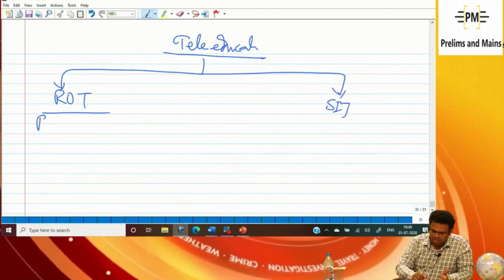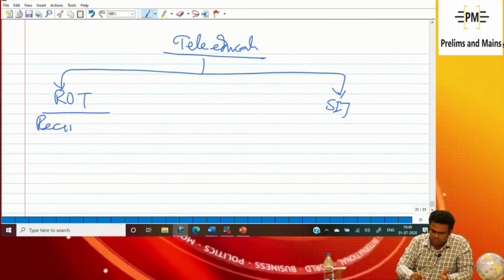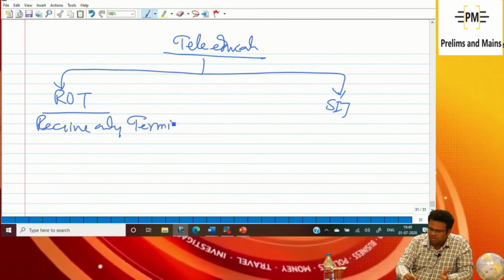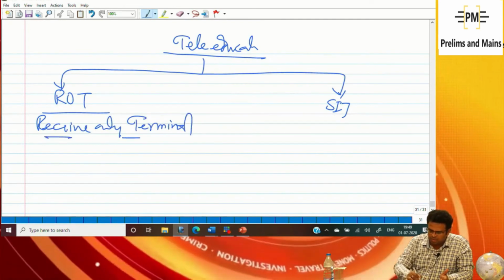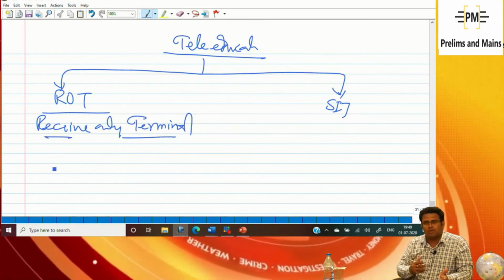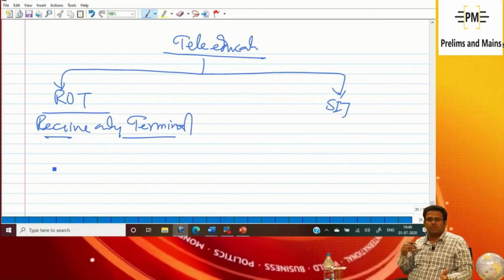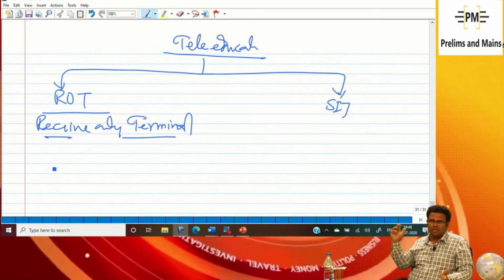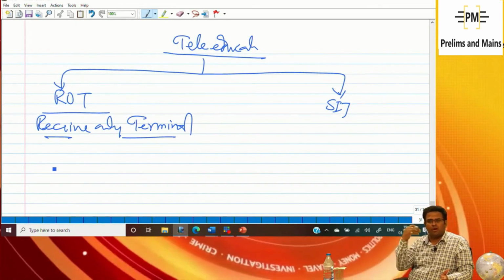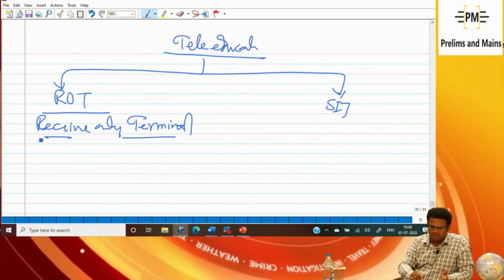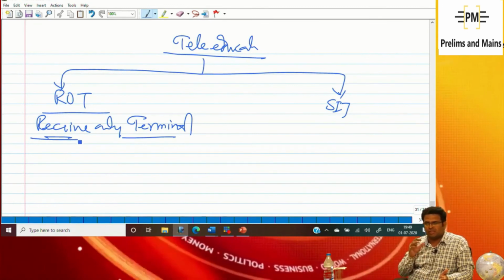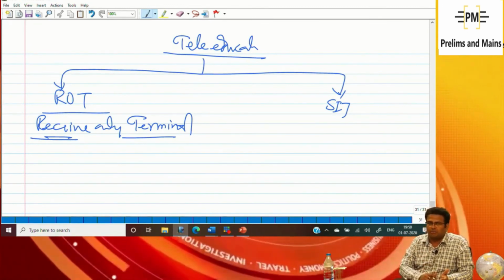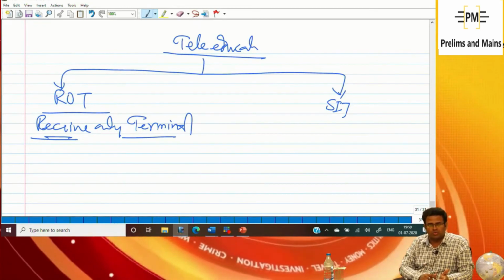ROT means receive only terminal. If I am giving a lecture in IIT Mumbai, this lecture will be visible at all the IITs. They will receive my video and audio, but they cannot interact with me, they cannot ask any question to me.